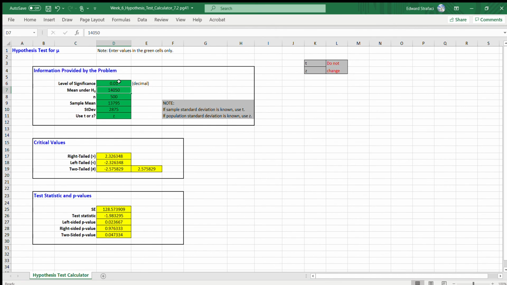Whereas if I set it at 10%, my original supposition, I can afford to be wrong 10 out of 100 times, and I can go ahead with the understanding by all parties that there's a 10% level of significance, that I could be wrong 1 out of 10 times, that the 14,050 claim is, I will not reject the null, and I'll accept that as a valid claim.